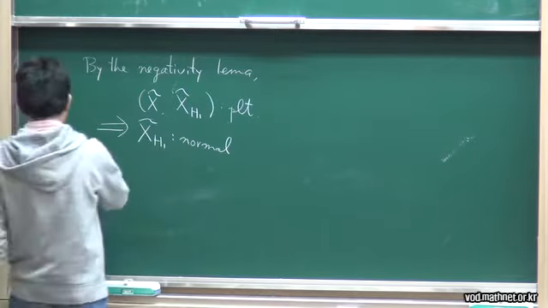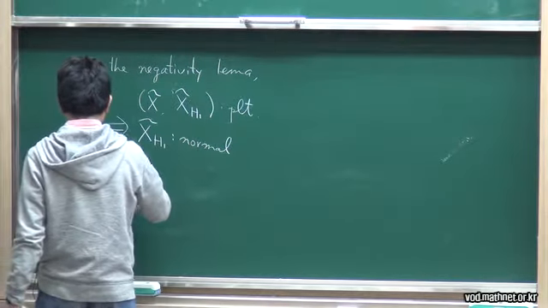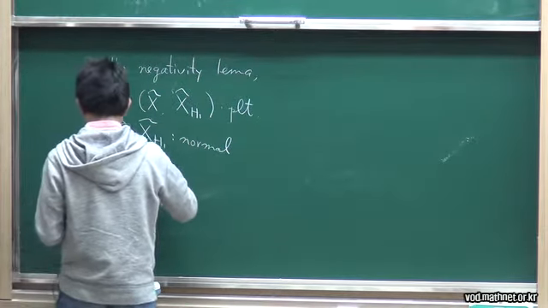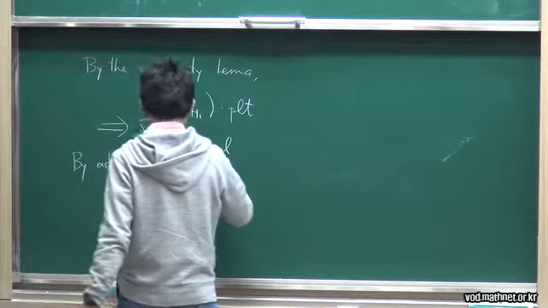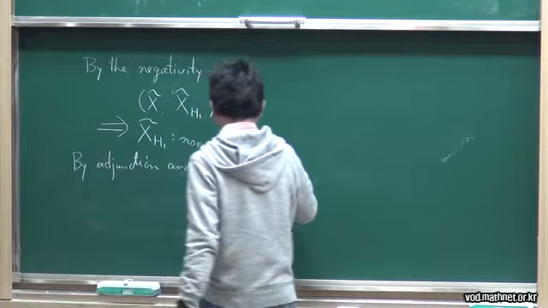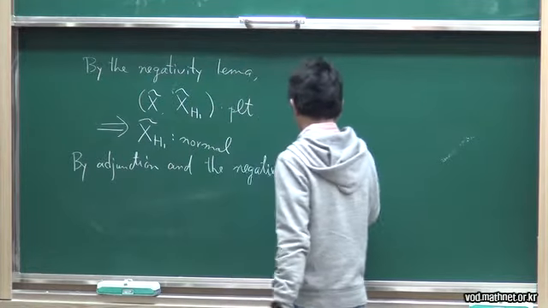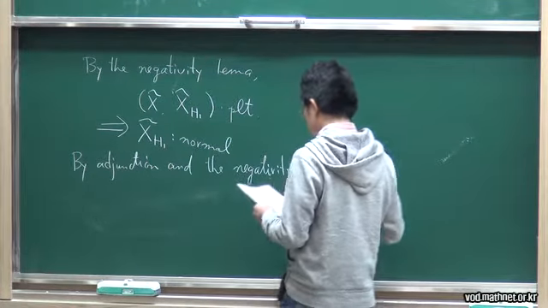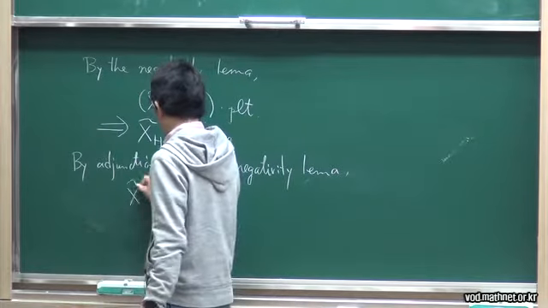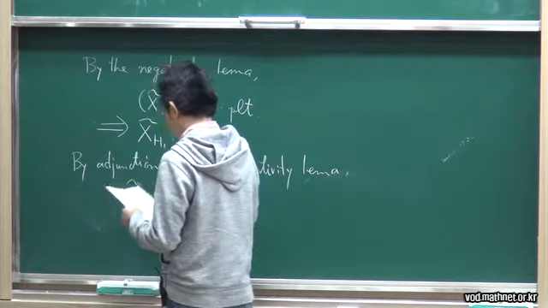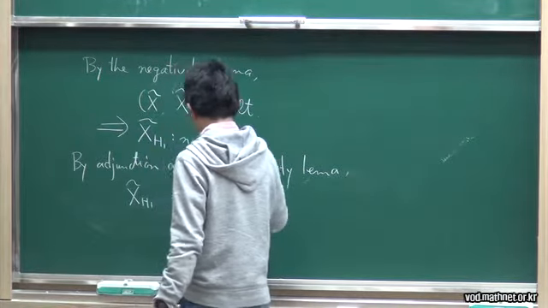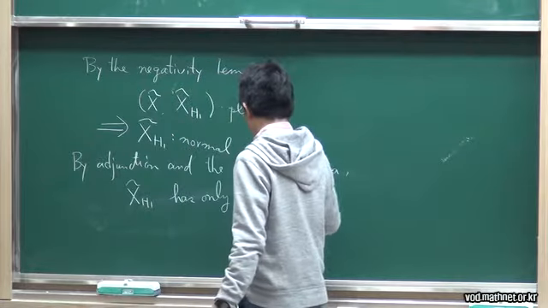And by adjunction again, and the negativity lemma, this variety has only canonical singularities.